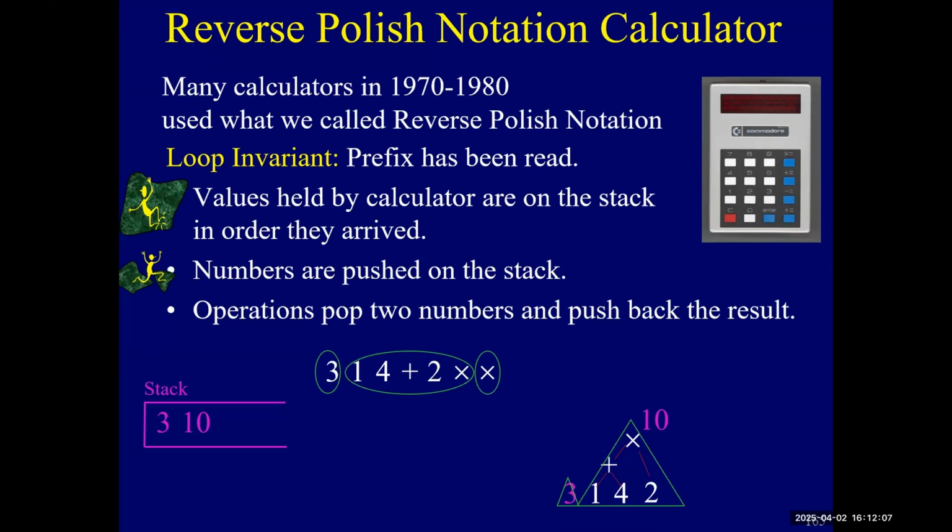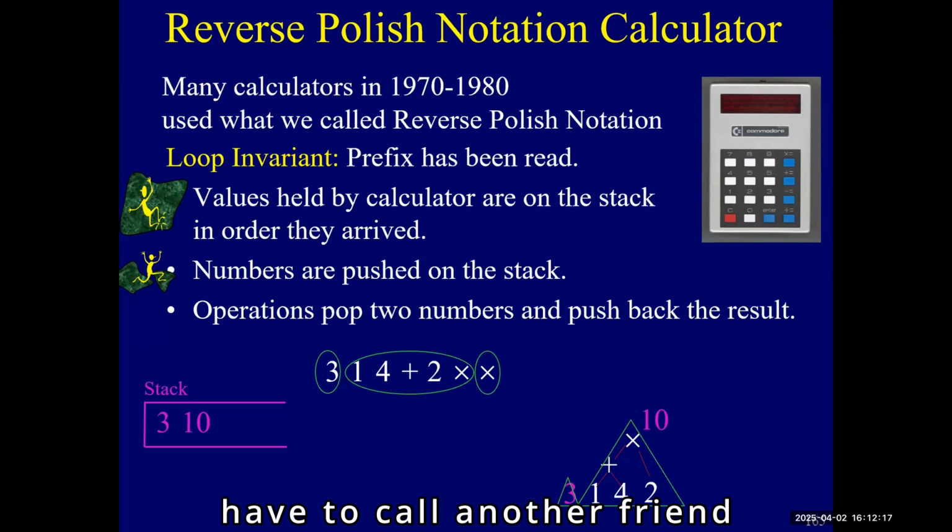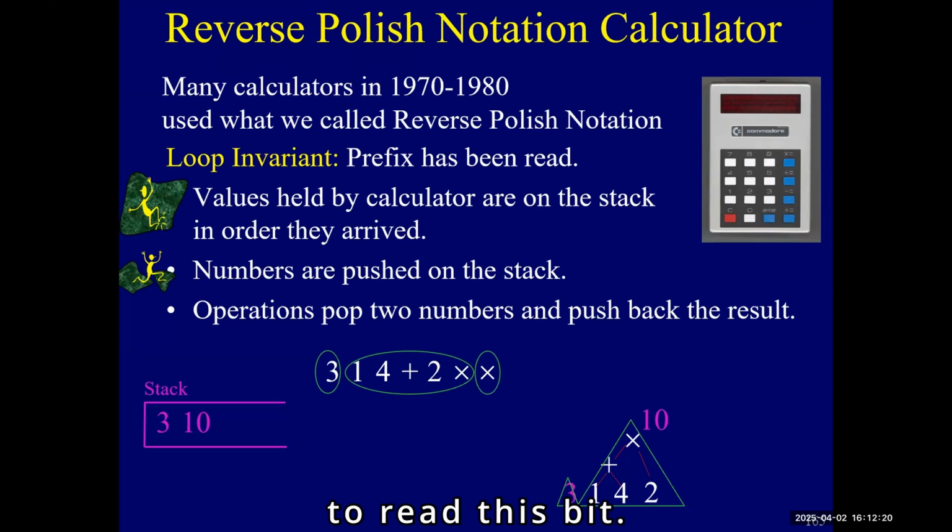I mean, suppose this was our input. I have to call my left friend to read the 3 and build a tree, right? And then I have to call another friend to read this bit, the second circle bit, and to build a tree. And then I read the times and put them together, right?